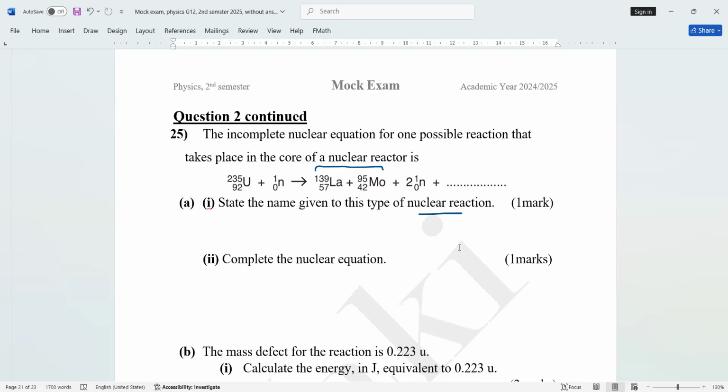This is fission. So the name is fission. Fission is a big nucleus breaking down into 2 small nuclei. Fusion combines 2 small nuclei to be a big one, to be more stable. Then this process is called fission.